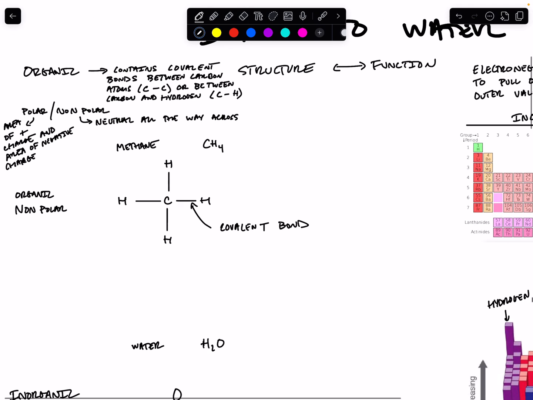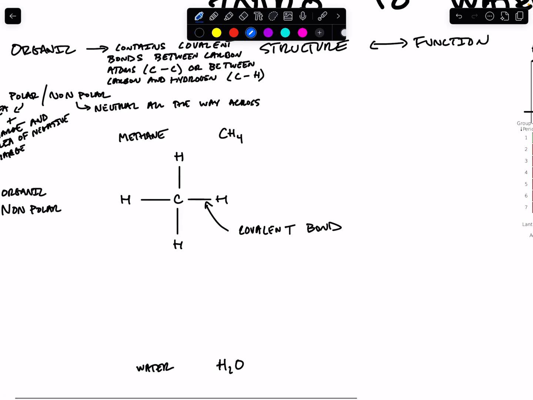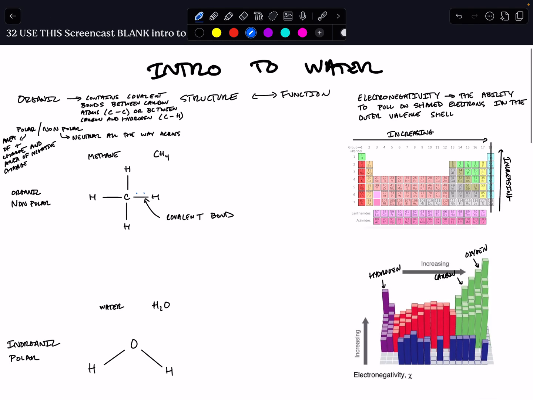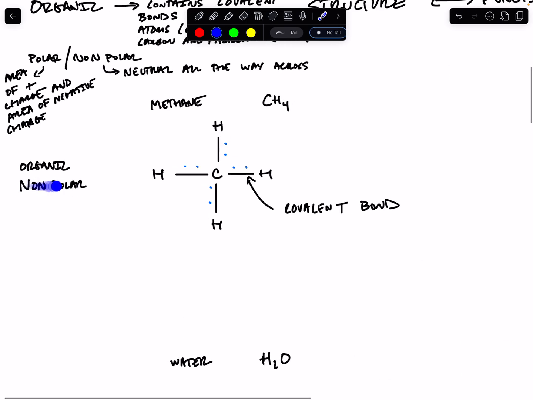This covalent bond actually represents two shared electrons. And because neither carbon nor hydrogen can pull on these electrons more strongly than the other, since they have very similar electronegativities, these electrons are shared equally between the two of them. And this is true for every covalent bond in methane. So as a result, it is non-polar.